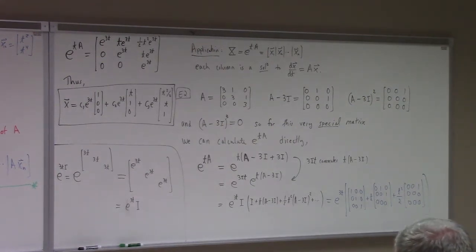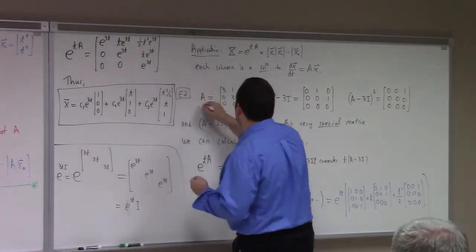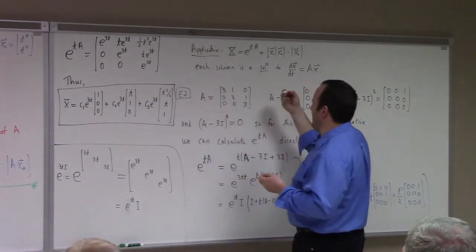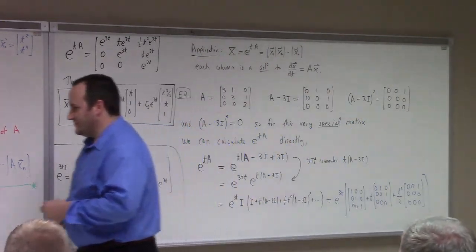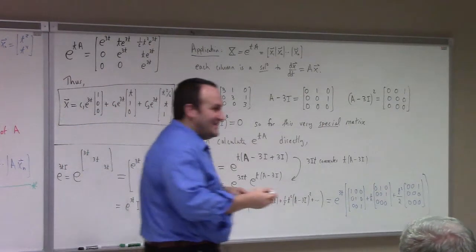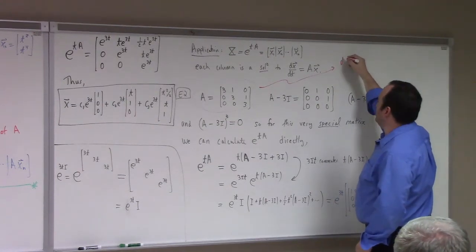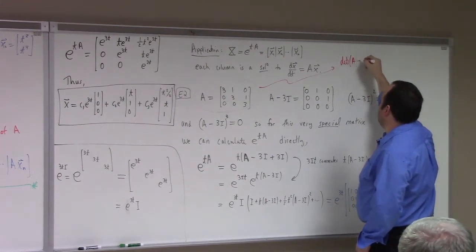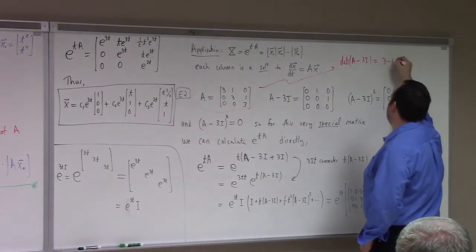Let me explain to you where this example comes from. So this matrix A, what's the characteristic polynomial of this matrix? Its determinant of A minus lambda I is what?